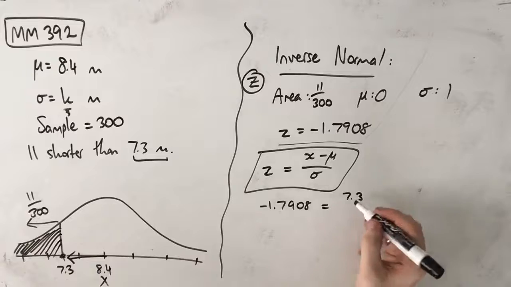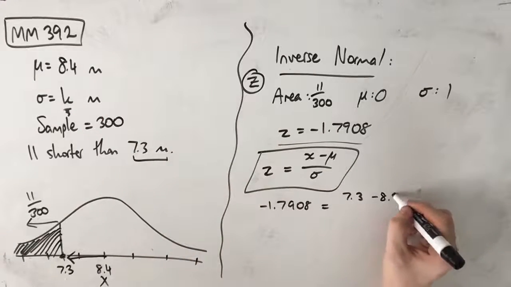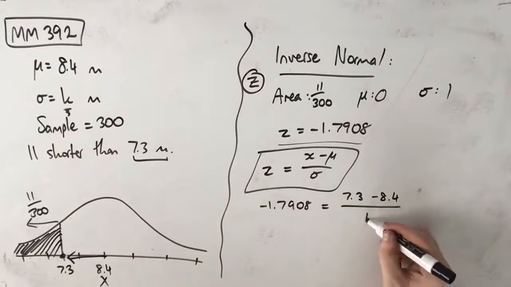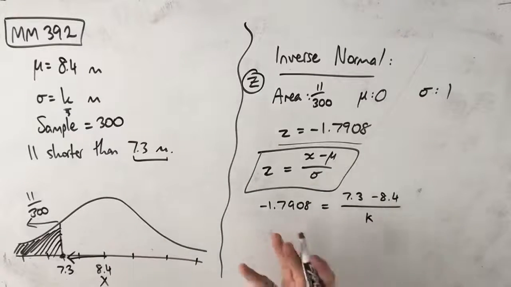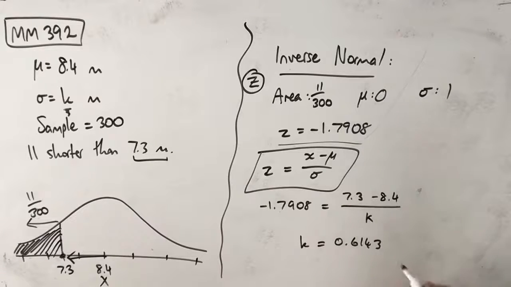So 7.3 minus our mu, which is our 8.4, divided by our standard deviation, which is k. And we're trying to find k, this is the whole point of this question. So rearranging all this, we get k is equal to 0.6143, which is 0.61. And that is our answer of C.